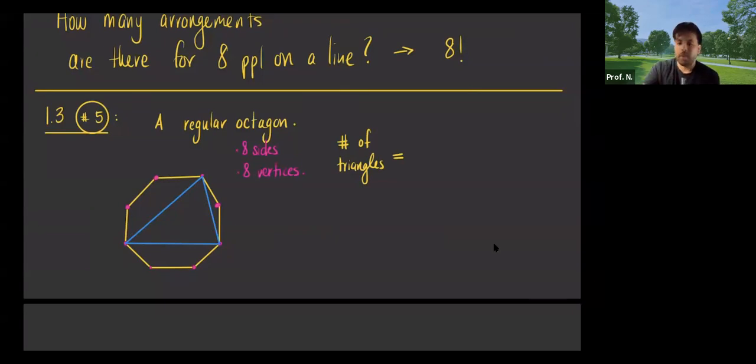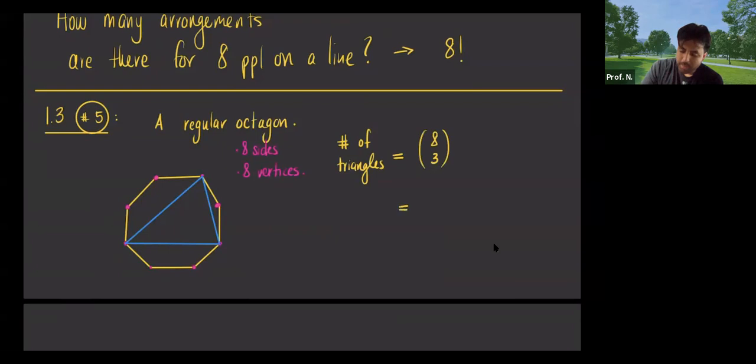So the number of triangles that can be formed is simply 8 choose 3. And that's it. So the answer is simple, yet it takes a little bit to think about why that's so.